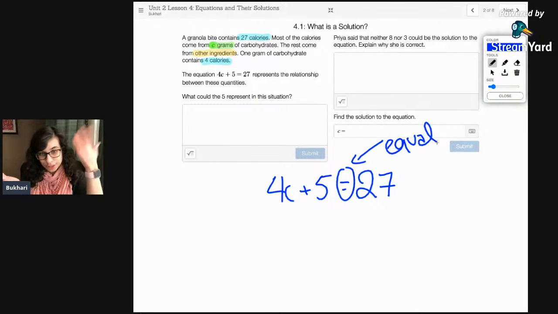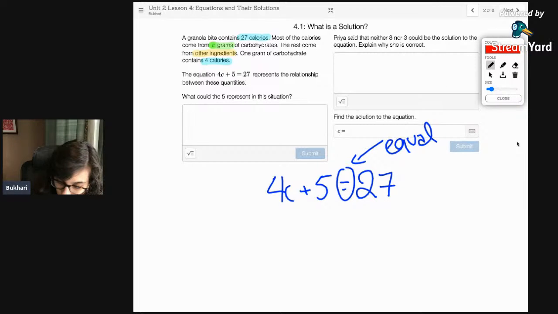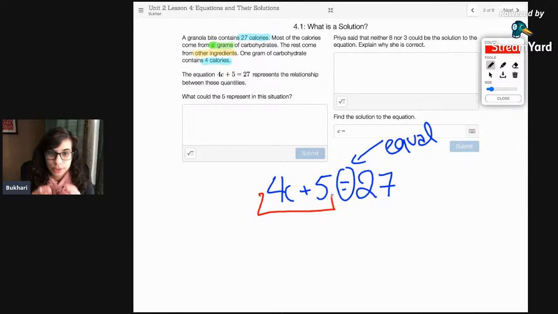And this is mirrored, so this is my left, but I can see on the video that it's on the right. I need 4C plus 5 to also be 27. And so take a look at 8 or 3. 8 or 3 is representing our C, which is our grams of carbohydrates.